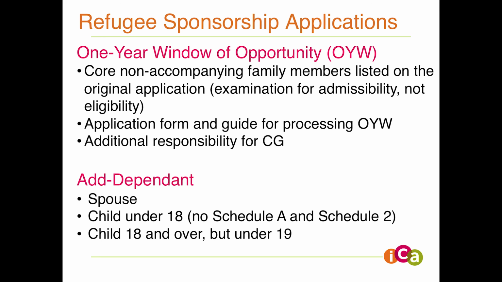It's not the same as when the people have already landed in Canada. So let's say what happens very often is a child is born in the somewhat lengthy sponsorship process. And so now this child, because they're not on the application, obviously, in order to get them on the application, we have to fill out an add dependent form and put that through to the government. It's not a complicated form, but it's something that can get forgotten, and then it becomes an issue later on.